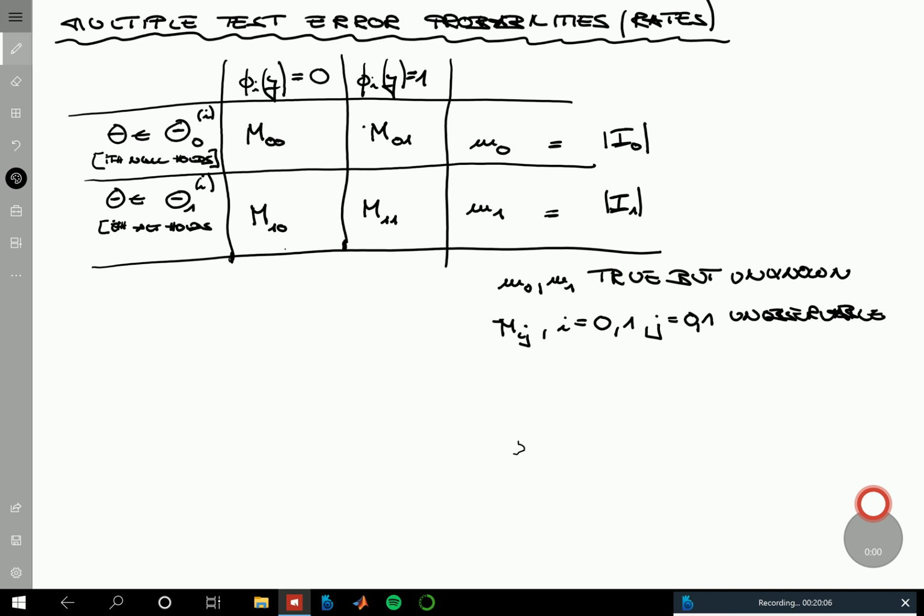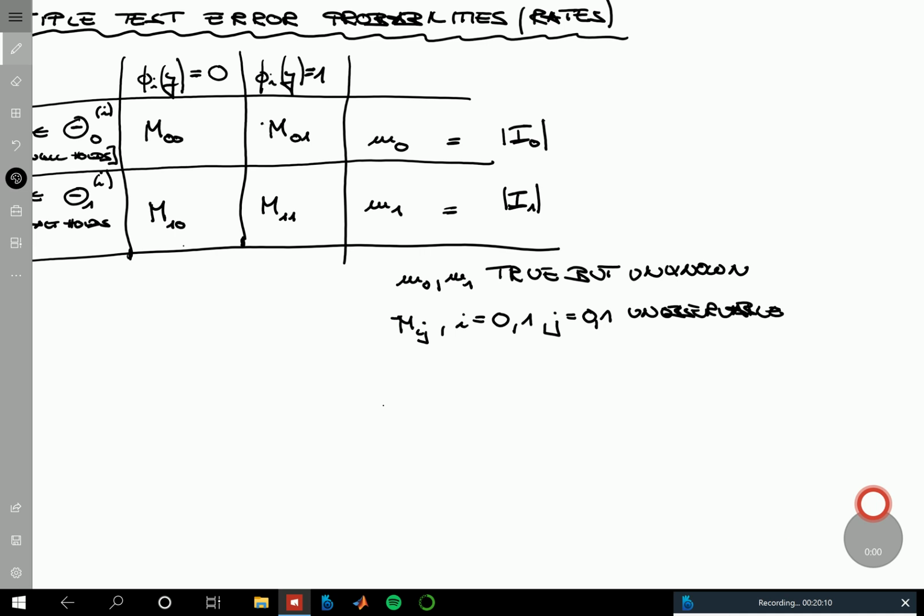So they are random variables, of course, because they are test outcomes, and we discussed that the outcome of a test is always a random variable because it depends on the data, which is a random variable.